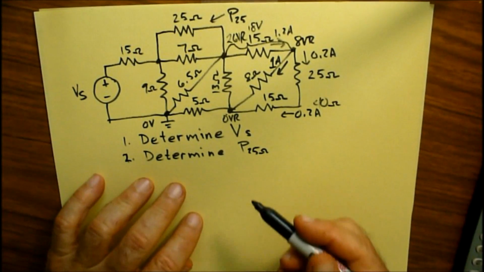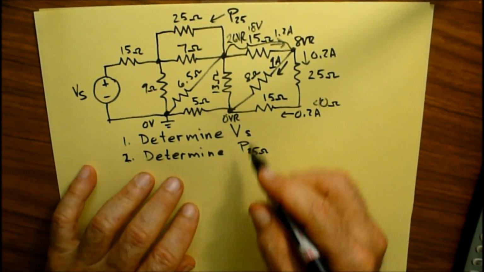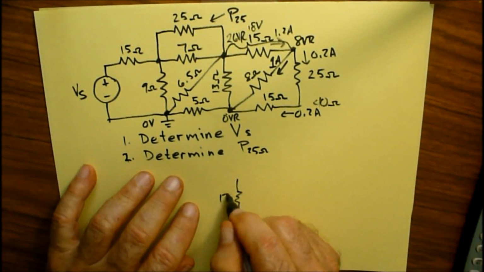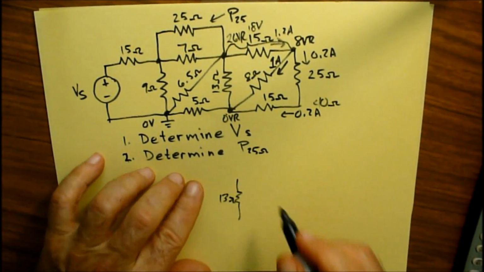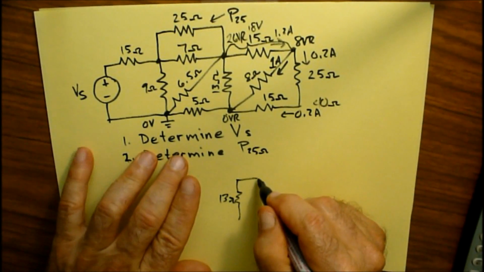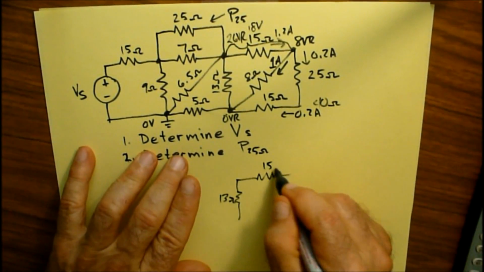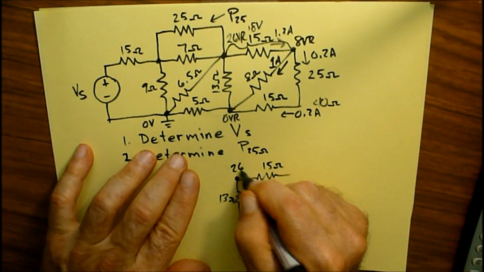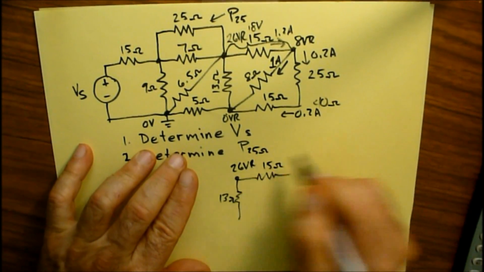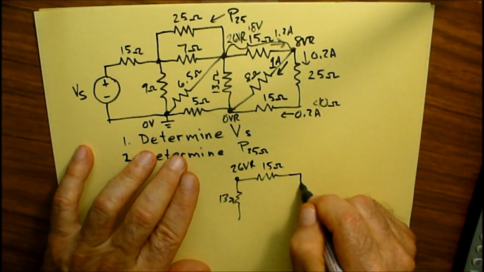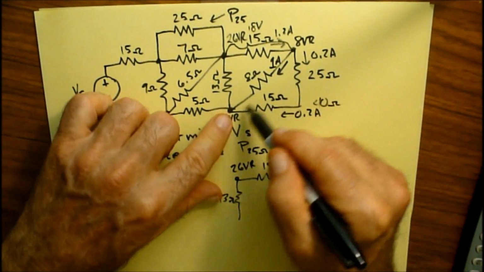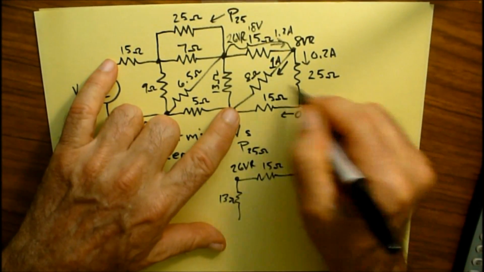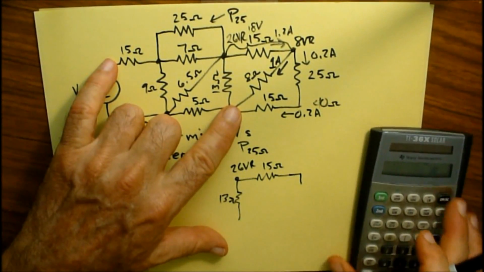Okay, so let's redraw this little section of the circuit. I've got my 13 ohm resistor over here. I've got a 15 ohm right here. This is 26 volts relative. Now, I'm going to combine these guys right here all into one. So I've got 40 ohms in parallel with 8 ohms.